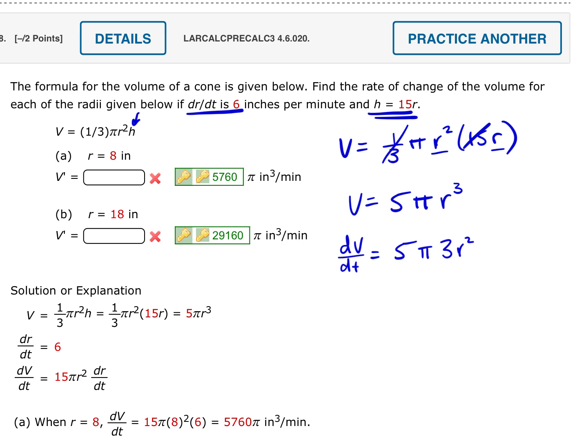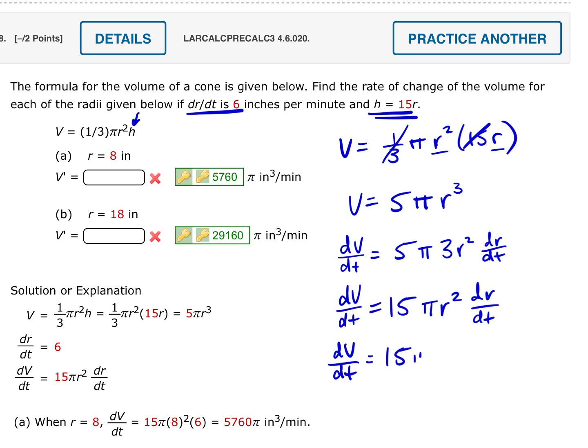What are we missing? dr over dt. So our dv over dt is equal to 15 pi r squared dr over dt. So dr over dt is 6 and r is 8. So let's plug in.